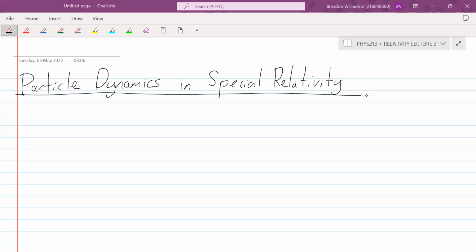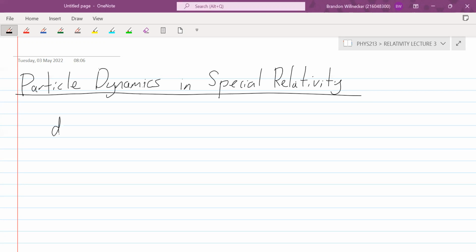Now, before we get to that, I just want to make a little note on the use of space-time distance and proper time. So far, we've described the space-time metric, the thing that we've been using to measure distances, by the following formula.